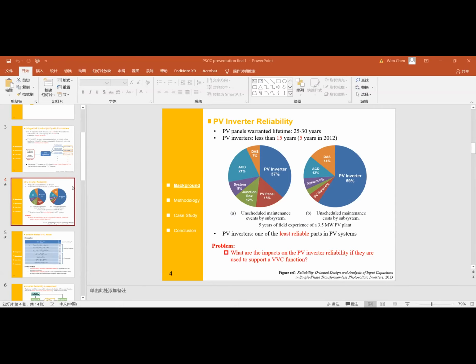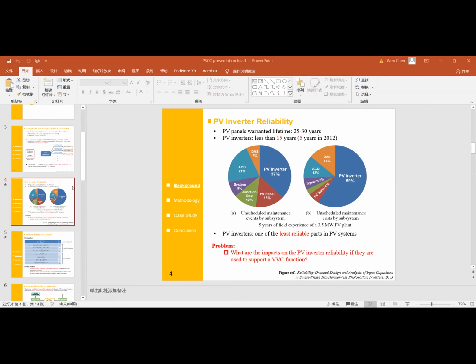And some scheduled maintenance might be related to some actual cost, but that has not too much relation with the lifetime, I think. Yeah, it might relate to the cost, like the inverter cost. It is a good point to consider in the future model.